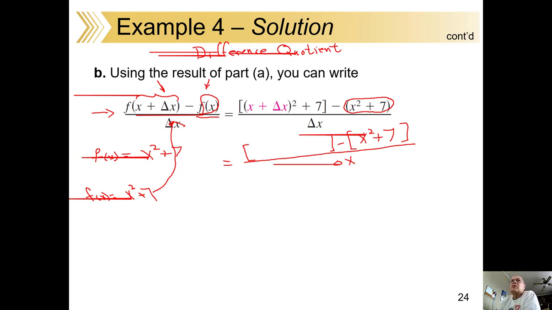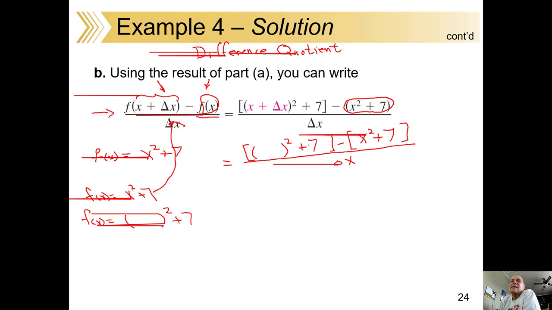Well, here's what you do. Your function is actually telling you this: you're going to square something and you're going to add 7. So that's what we'll do in here. We're going to square something and add 7.